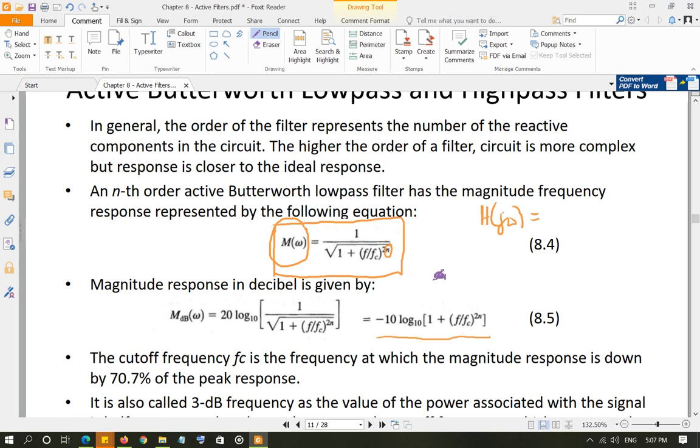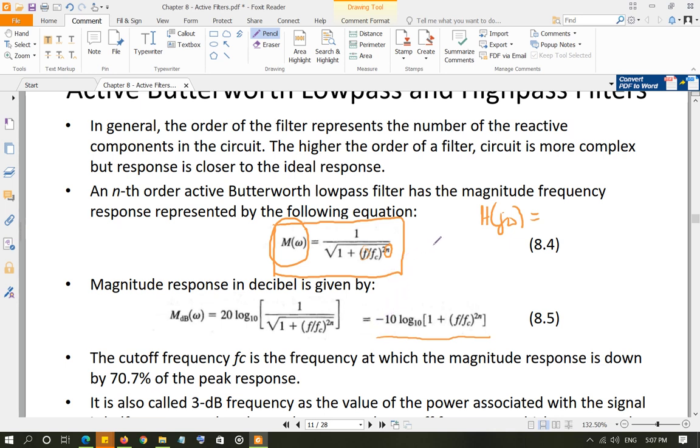How do you find the peak value? You put f to be 0, that is DC. When f is 0, the magnitude is 1 over 1, which is 1. So the peak value is 1. Although it is an active filter, we are not providing any gain in the pass band, so the peak value is still 1.